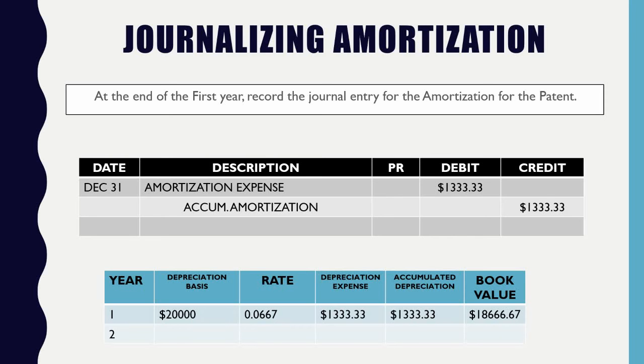Same thing for land: we deplete it, so there's depletion. Terminology-wise, the way you journalize it is identical. It's just the terminology that is different. So in this case, we're going to recognize amortization expense, and we're going to accumulate the amortization for whatever you've calculated for that year. Pretty straightforward.